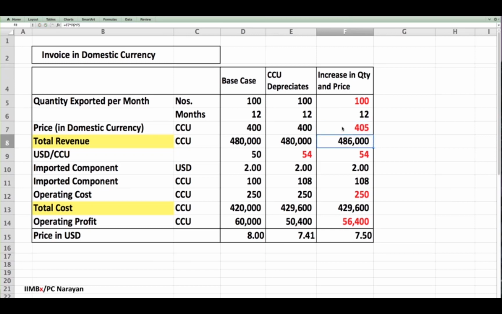405. Now as a result of this, the profitability of the Utopian exporter has gone up from 50,400 to 56,400. In other words, the American importer in a collaborative mood has said he will buy at 405 instead of 400 as he was doing before.